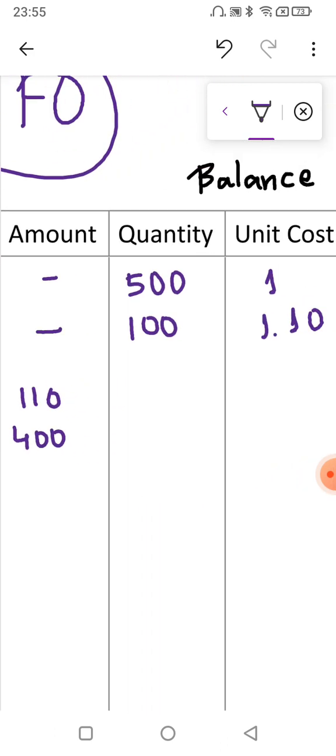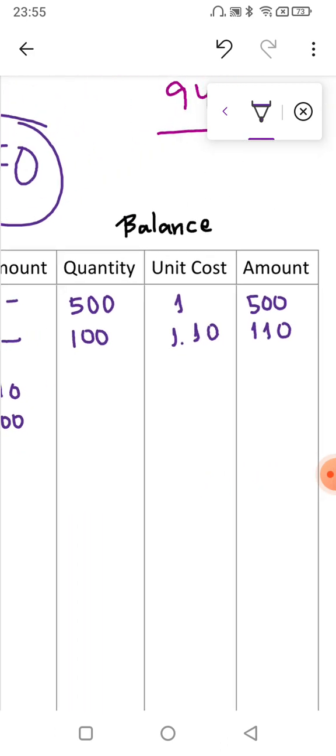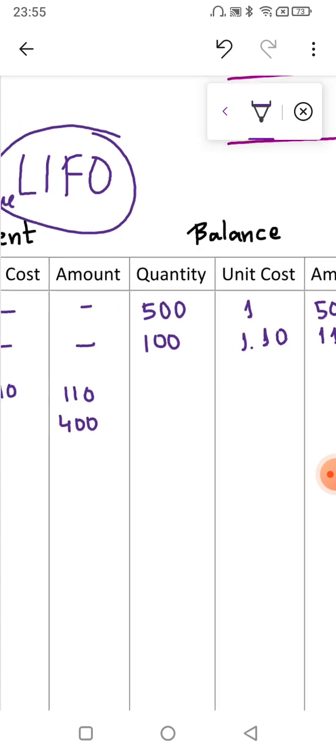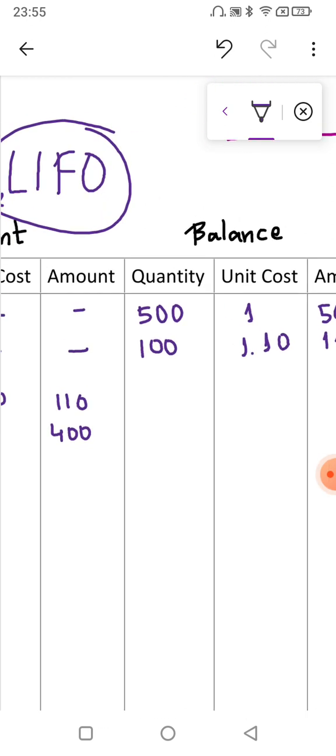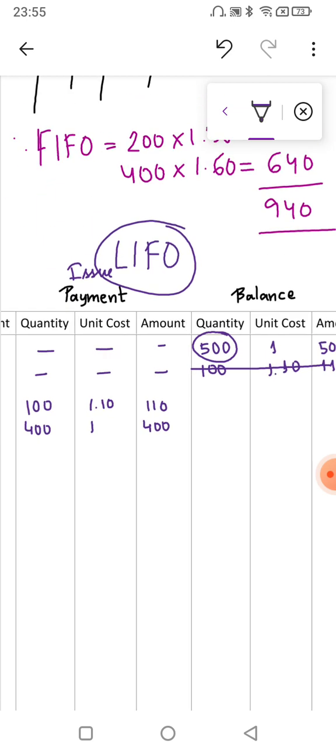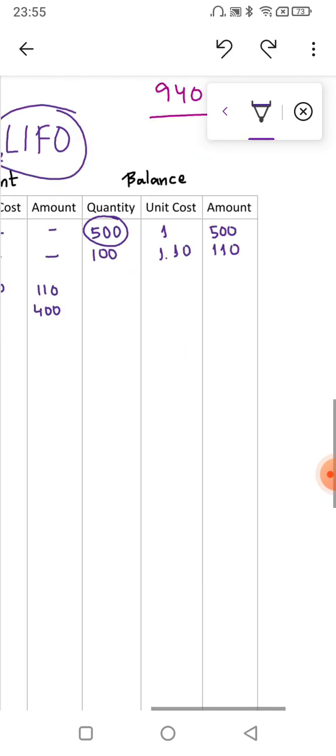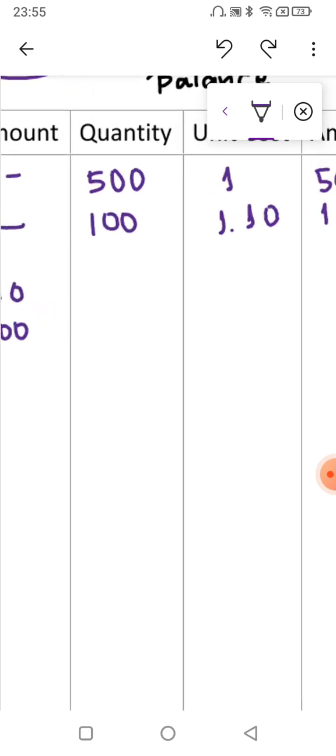Now you see my balance has reduced after this, because now we are remaining with only 100 from this unit, because this 100 is gone from here, and from this 500 this 400 is gone, so 100 is remaining, and that 100 will be of the previous stock, the opening balance stock, that is 1 rupee.